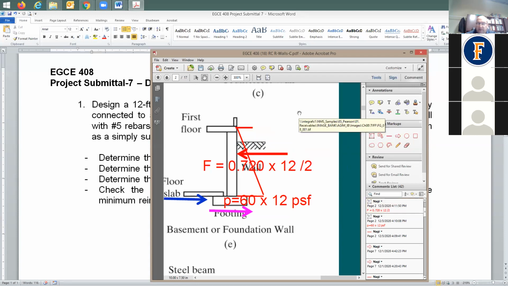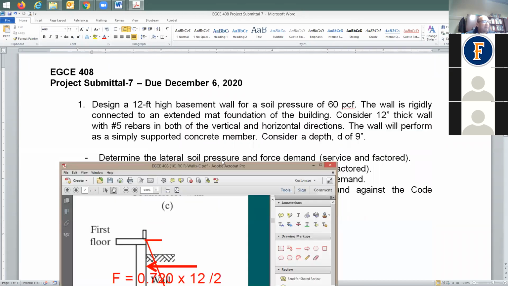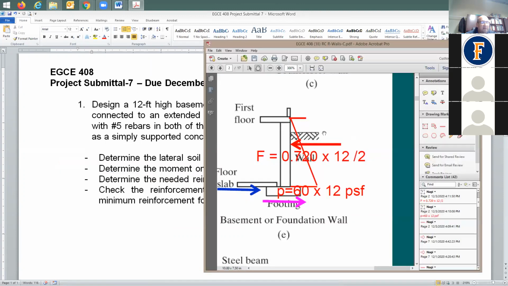So I'm going to assume here that everybody is following me, and I'm going to be receiving questions on how to do the soil pressure, how to find out the force. So I have here two items: lateral soil pressure and force demand, service and factored. What I have done here is all service. How do you do it factored? In this case, P sub U is going to be equal to 1.6 times 720.